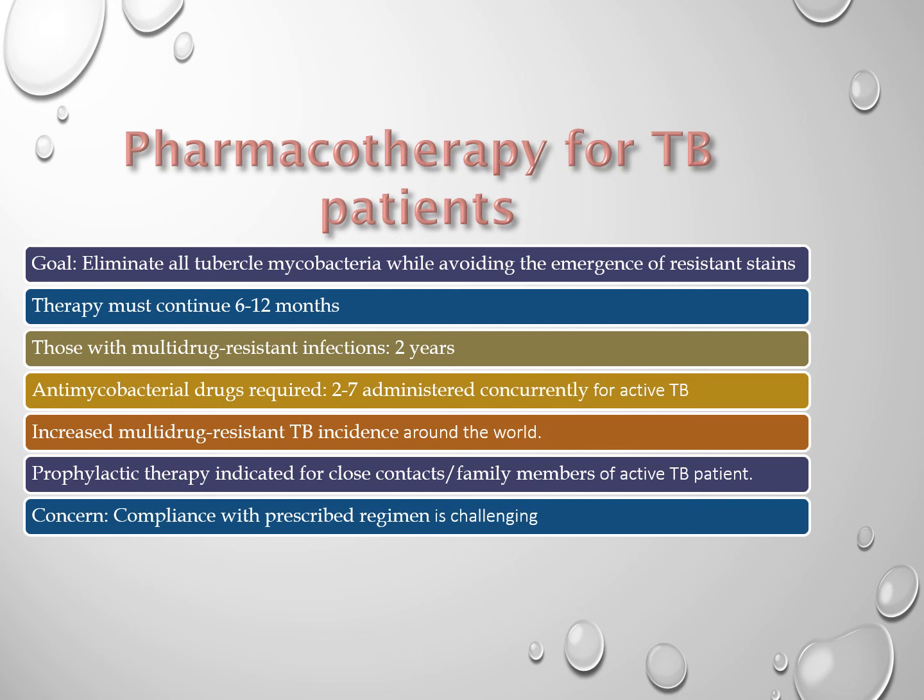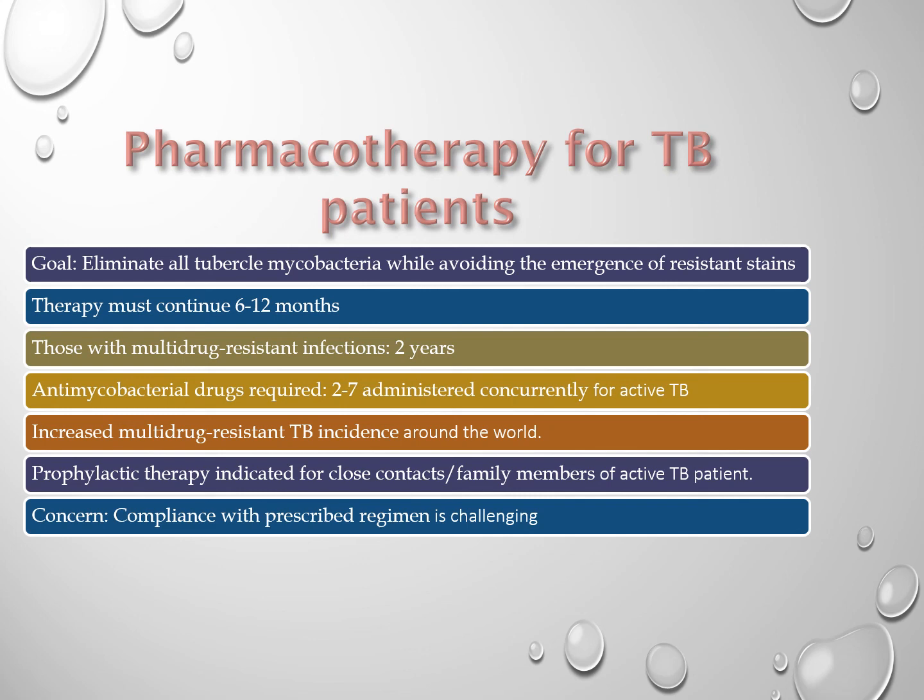Prophylactic therapy. This is where someone has active TB at home, and then close family contacts and family members may receive prophylactic therapy to avoid developing active tuberculosis themselves, because some of those family members will become TB skin test positive.